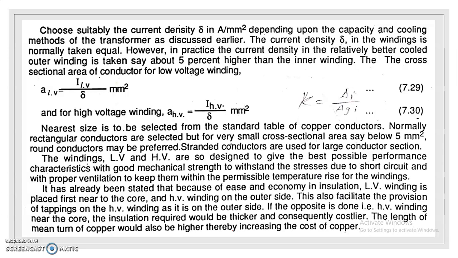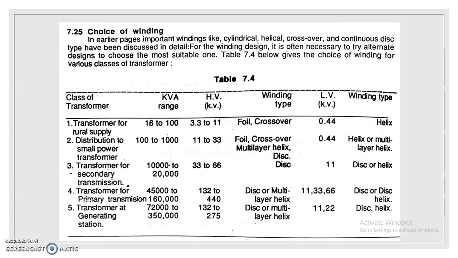It is about the design of the winding and the choice of winding. This table shows simply how to choose the winding type, as per the service conditions. For example, take the first one. This is a transformer for rural supply.